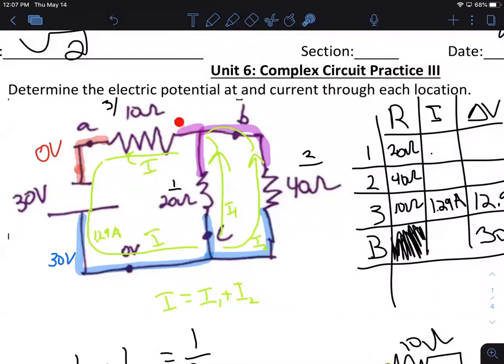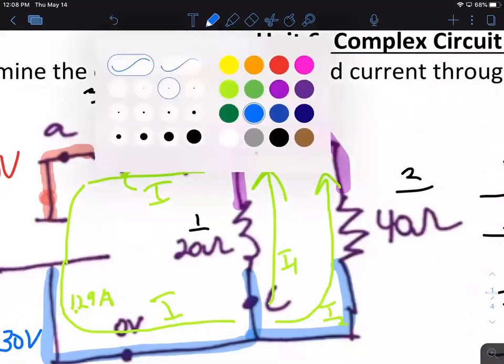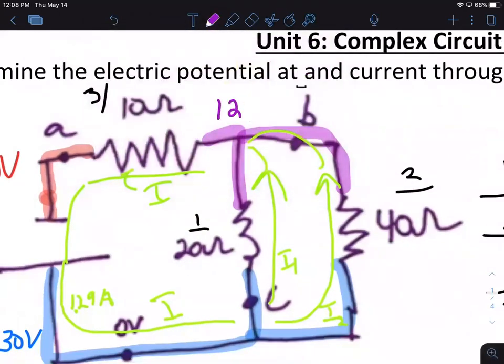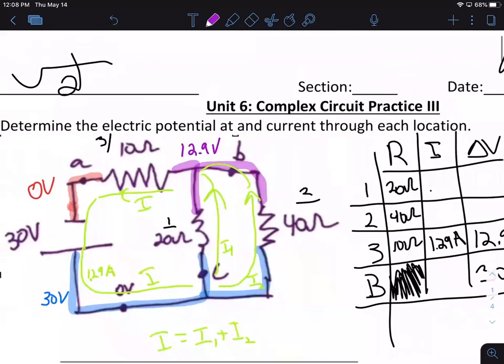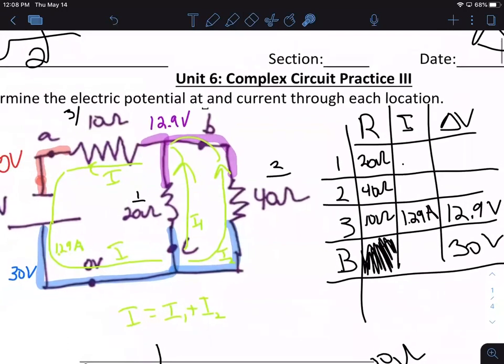I'm losing 12.9 as I go through this resistor, and afterwards I have 0. Well, if I start with something, lose 12.9 and have 0, that means I started with 12.9 volts. Great. So now I know the potential at location B.